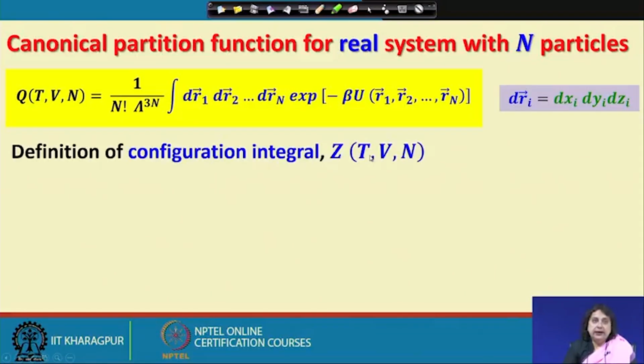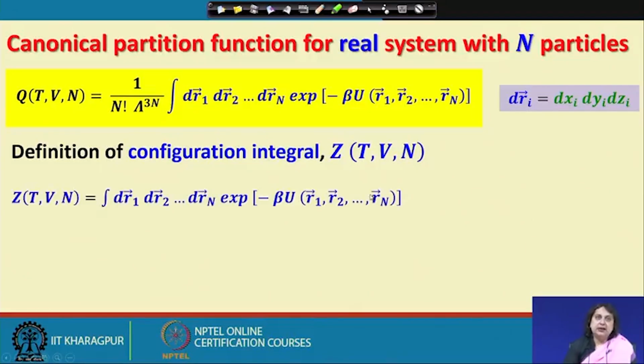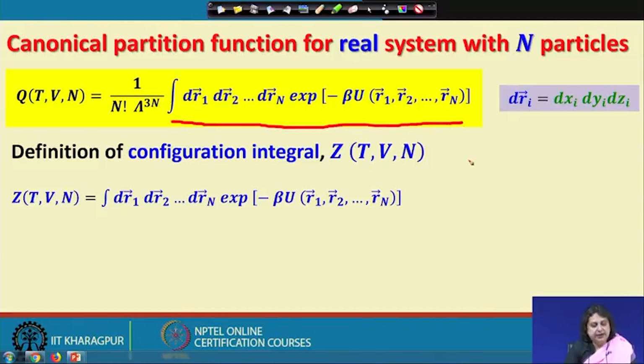Now, let us introduce a new function which we will call the configuration integral. This is given the symbol Z, and just like Q, it also depends on T, V and N. This quantity, the configuration integral, is defined as whatever additional integration I get for the non-ideal case.